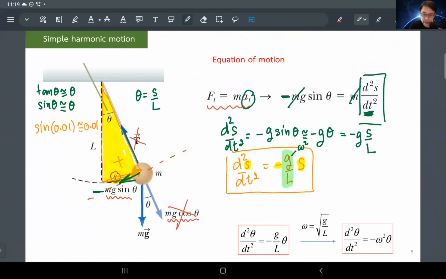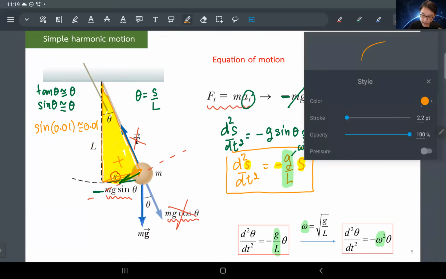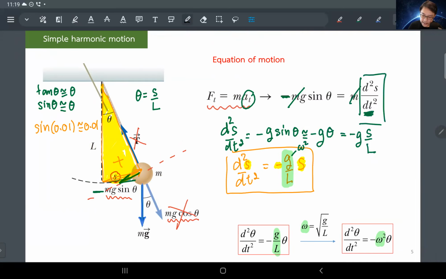So with that same structure, I don't need to do anything anymore. What I can do is just name this G over L to be my omega squared. And I can write down the solution. Let me write together with you guys. S as a function of time is going to be, can you guess?